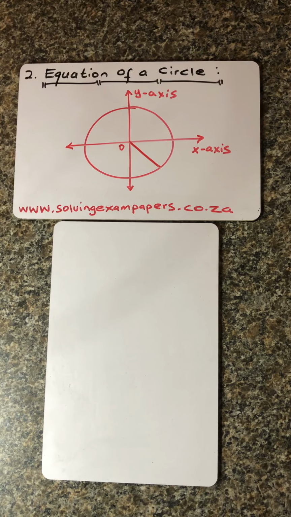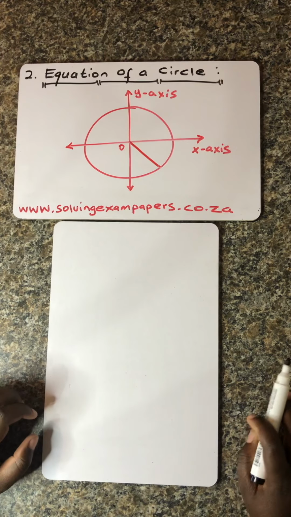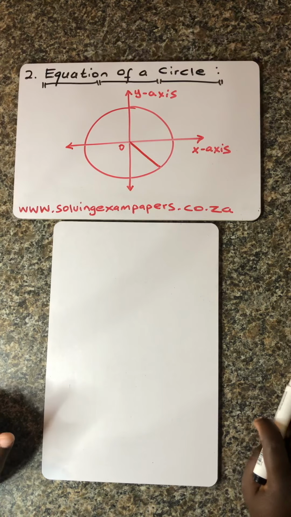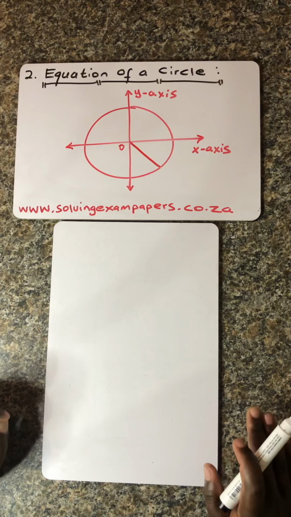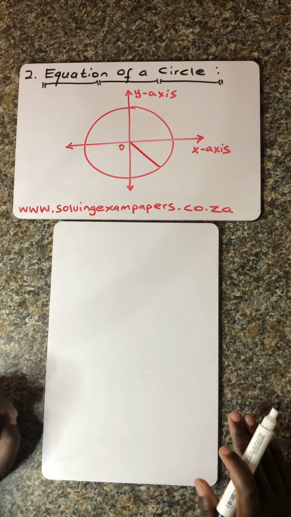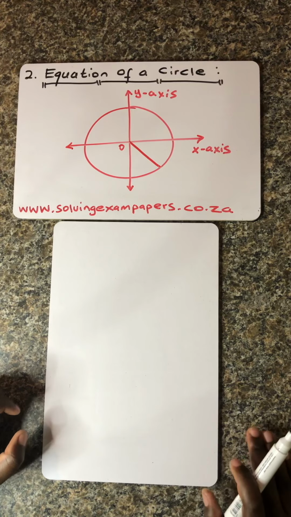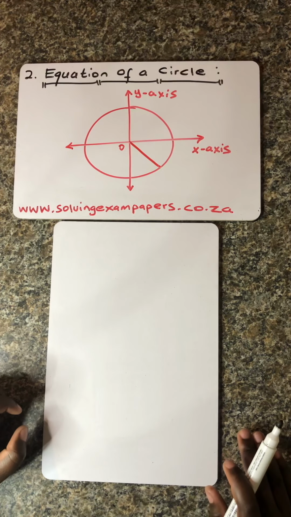So ladies and gentlemen, as you can see there, I've got a hand-drawn circle with two axes, namely the x and the y axis. Let me quickly redraw that diagram. But firstly, I always say this in most of my mathematical lessons, that we draw based on the axis.